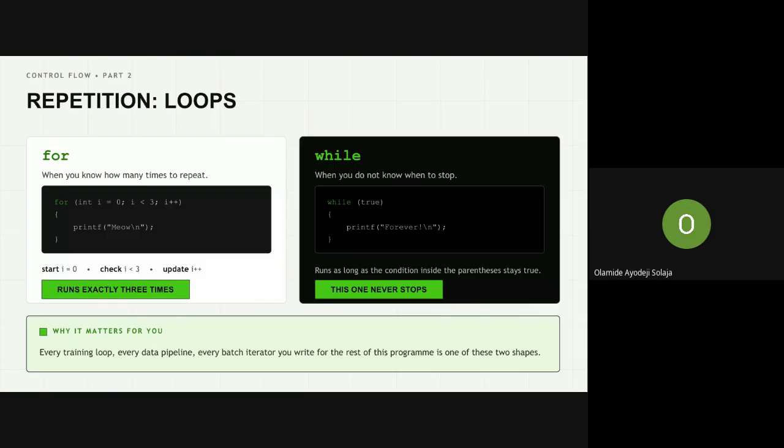Let me rephrase that so it makes more sense. You write code to ask a user, do you want an image? If the user says yes, then you ask the program to draw an image for the user 3 times. After 3 times, it should stop. So that is a for loop for you.